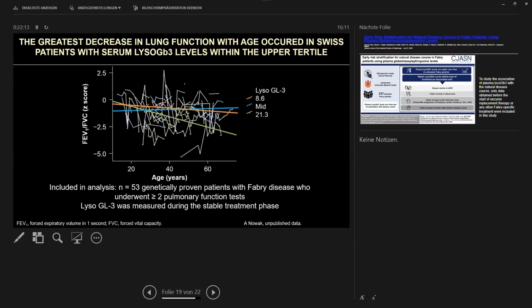And this disease can also be progressive, and we see that in patients in whom the Lyso-GB3 level is the highest, their lung disease progresses faster than in patients in whom Lyso-GB3 is lower.